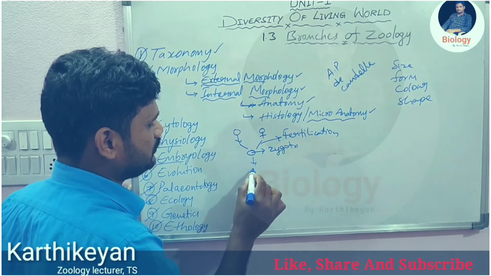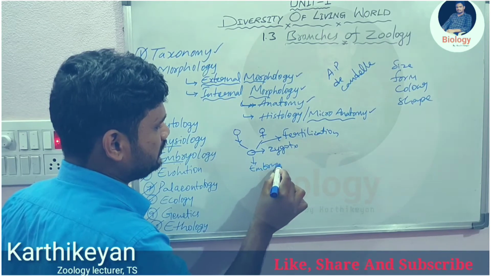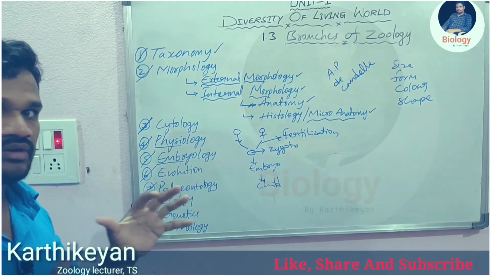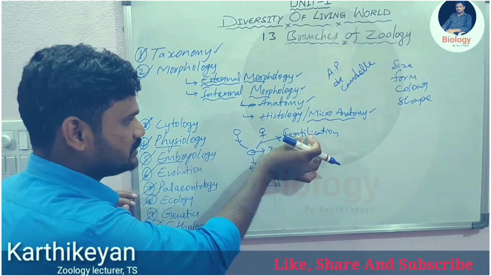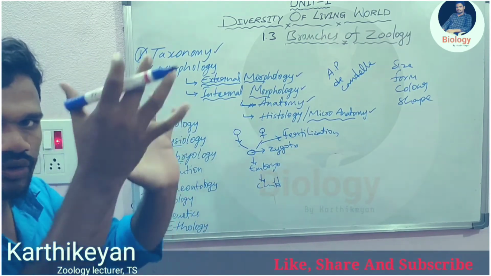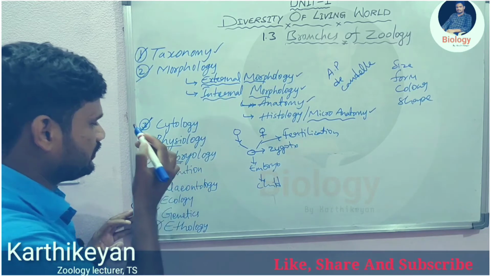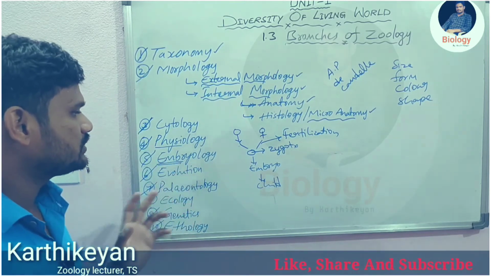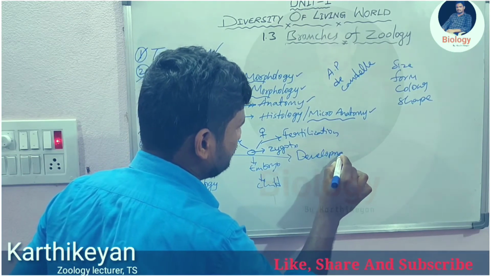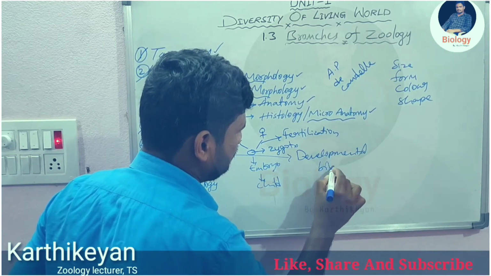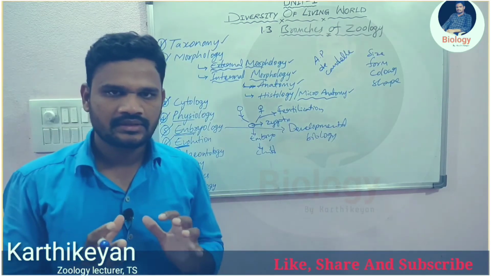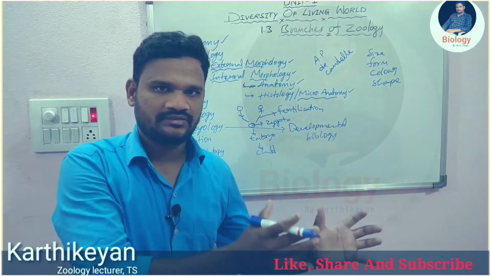And this zygote develops into embryo, and this embryo develops into child, which means total developmental changes from fertilization to formation of a zygote and development of embryo and development of a child, all this process is studied in embryology. That's the reason this embryology is also known as developmental biology, right? Developmental biology.